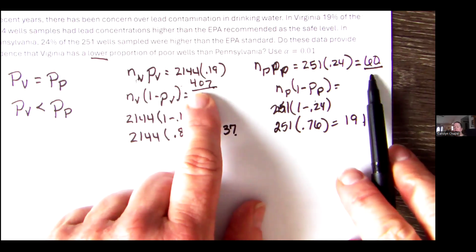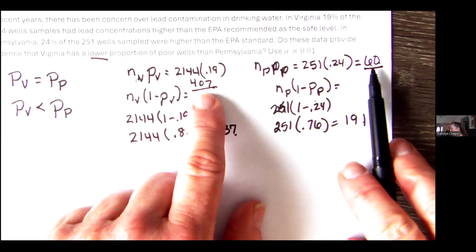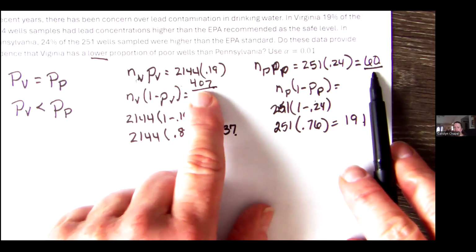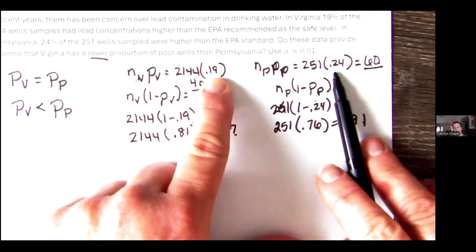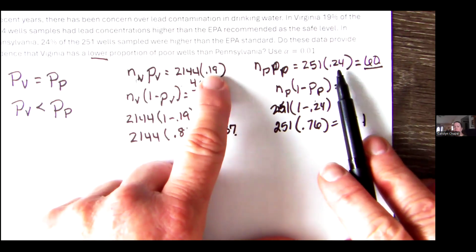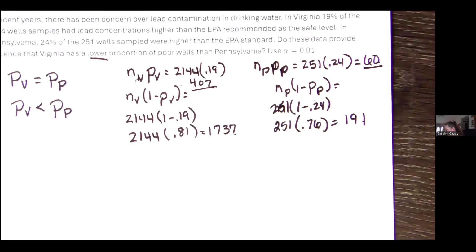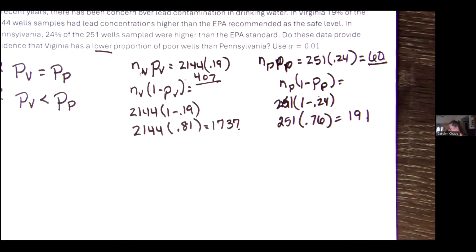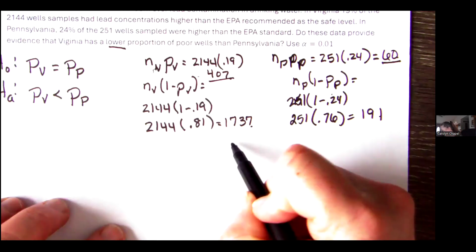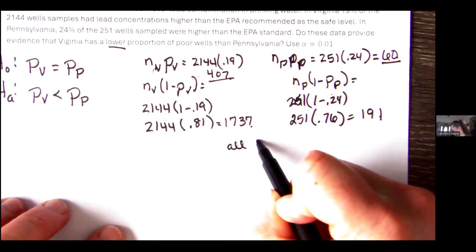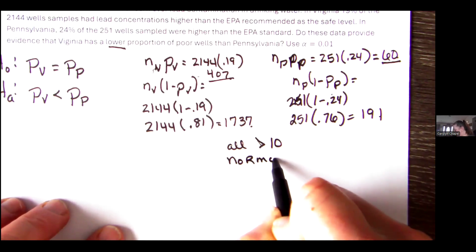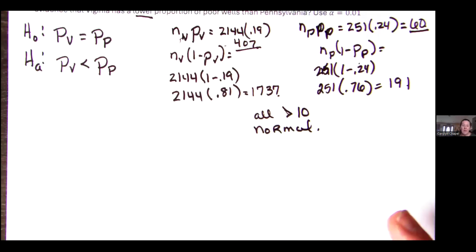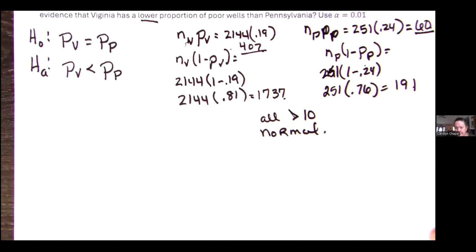Because if you look at the numbers alone, we have quite a few more wells here that were poor than there. But our proportions, so we want to make sure to compare proportions and not numbers. So we can kind of compare the exact same things. But again, all are larger than 10. So we can use that normal curve that is embedded into that software for the 2 proportions.